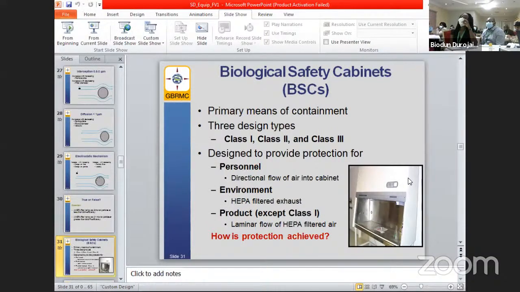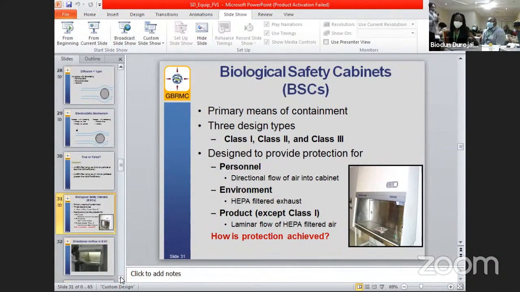But there is a class that will not provide protection for product, the class 1. Protection for product means protecting what you're manipulating, the agents, against contamination. You can see a sample of a BSC by the side there.